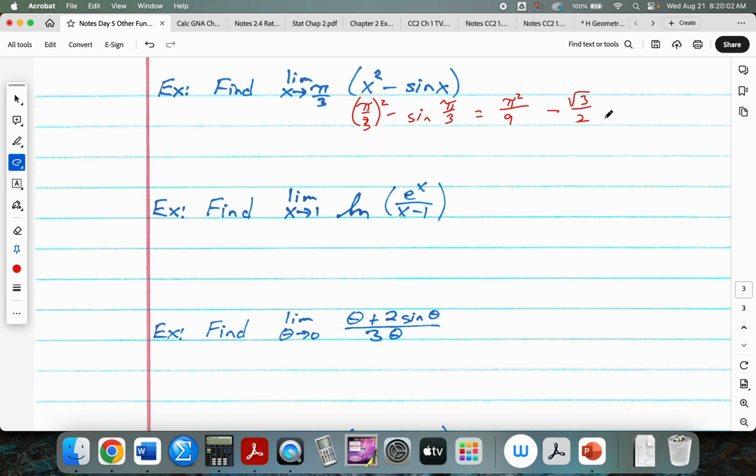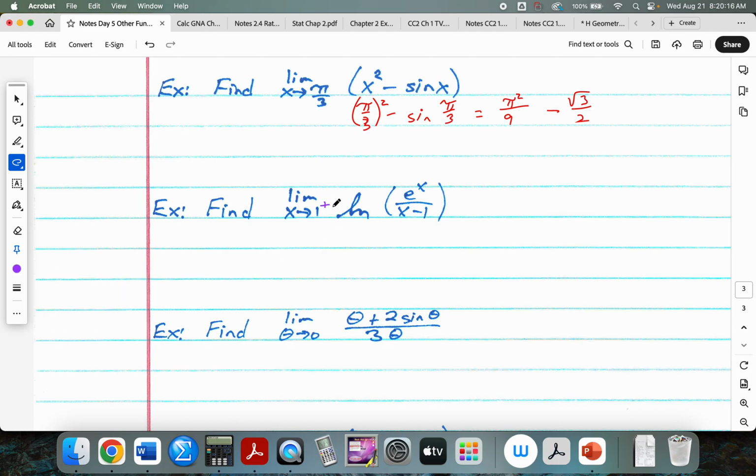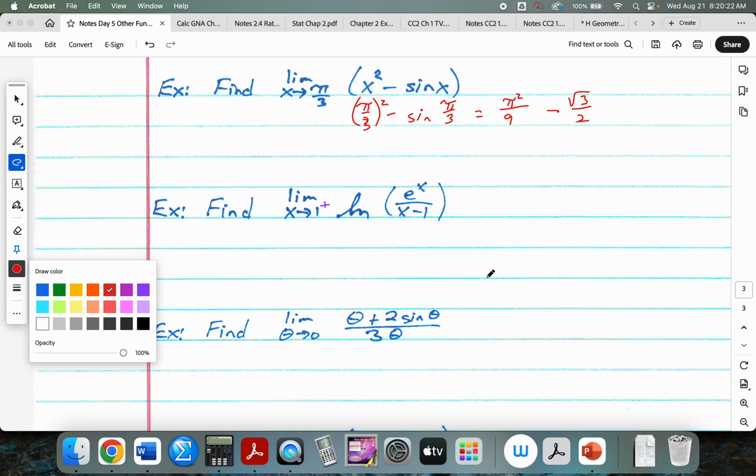All right, for this problem, let's take a look at what's going on here. I'm going to add to this, and I think I meant it to be on there, but when I was looking at the notes this morning, I was like, let's make that from the right. All right, so as x goes to 1 from the right, let's talk about what's going on in here.